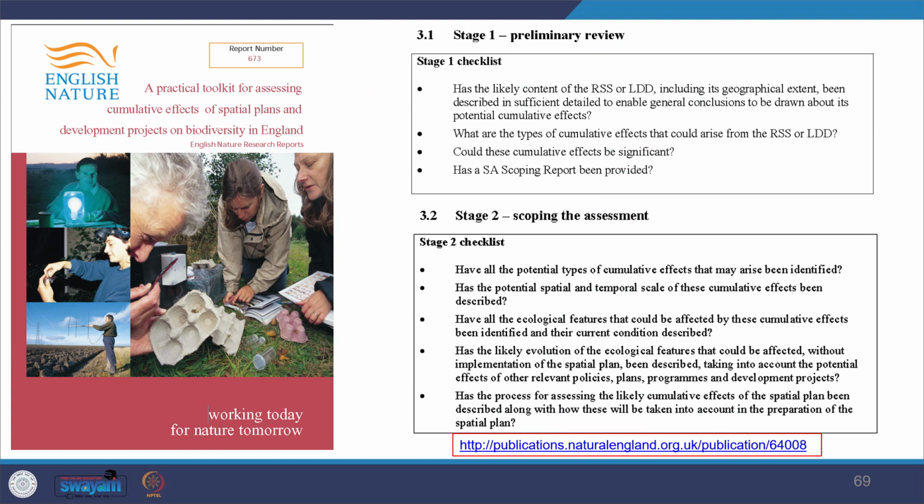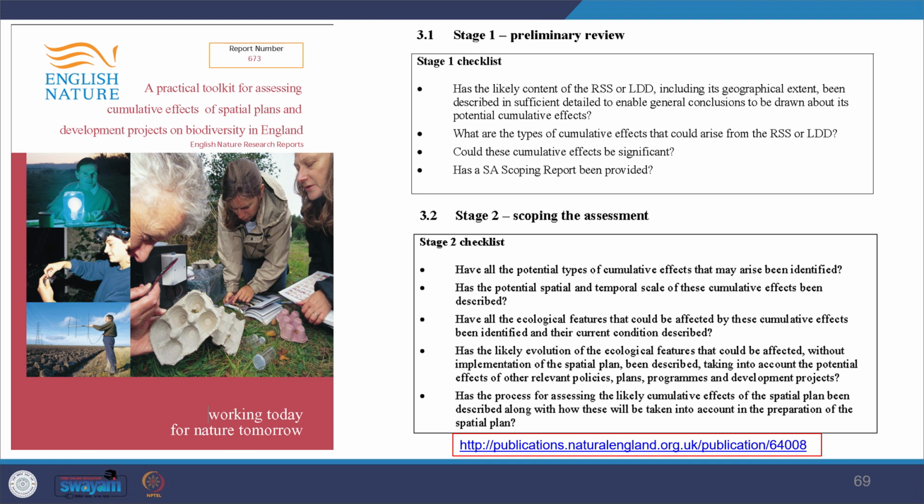So if you look at step 1 and step 2, you see that this toolkit provides you two stages, and the checklist has questions like: has the likely content of the project and the geographical extent been described in sufficient detail to allow general conclusions on what types of cumulative effects could arise in this particular zone, could these cumulative effects be significant, and has the scoping report been provided or not.